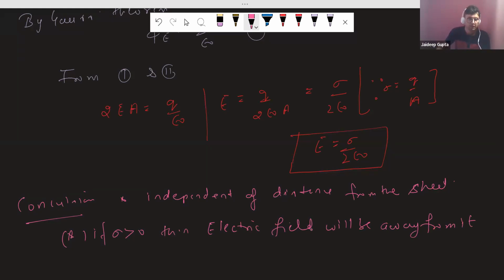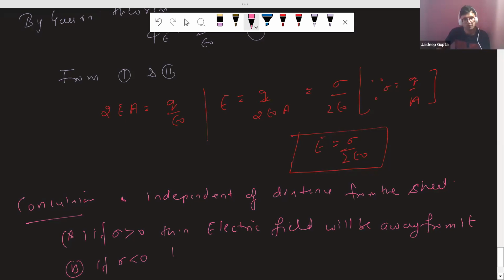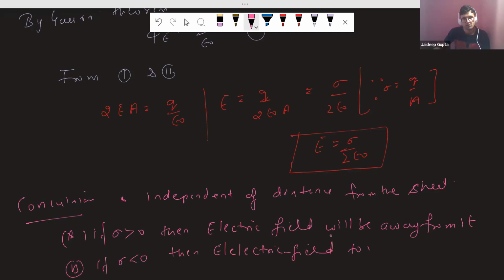Okay. In B, if sigma is less than 0, then electric field towards the sheet. All right. If it is positively charged, then away from it. And if it is negatively charged, then towards it. Is it fine?